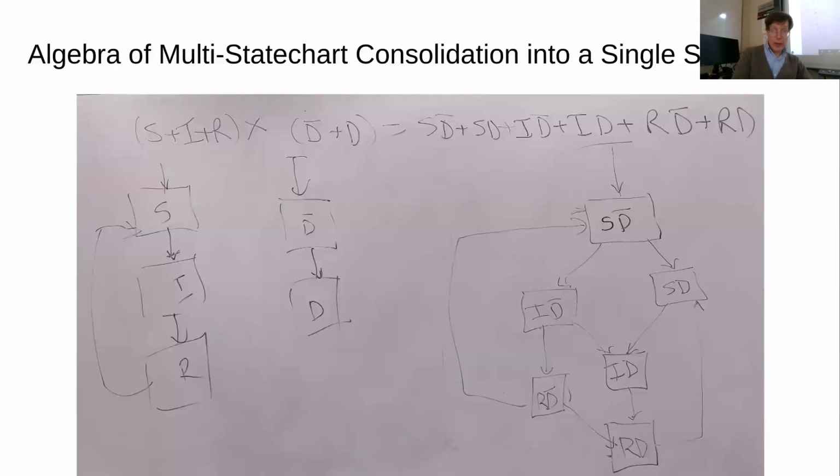So we can characterize these two state charts next to each other as encoding the same information as a single state chart characterized by their product here.